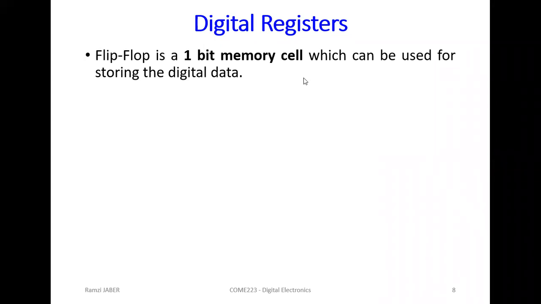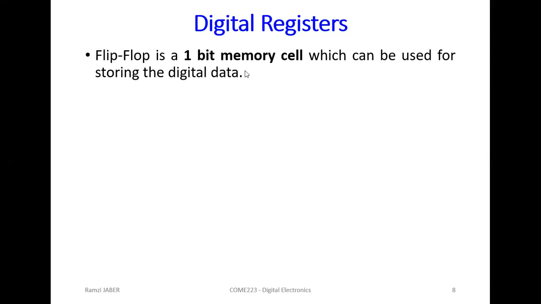Now, as a fast definition, what are digital registers? A register is a 1-bit memory cell called a flip-flop. It is a 1-bit memory cell which can be used for storing digital data. In another course, logic design, you will talk about this in detail.